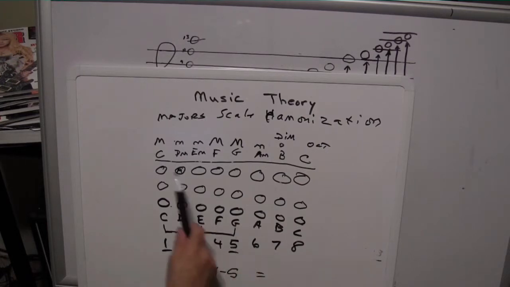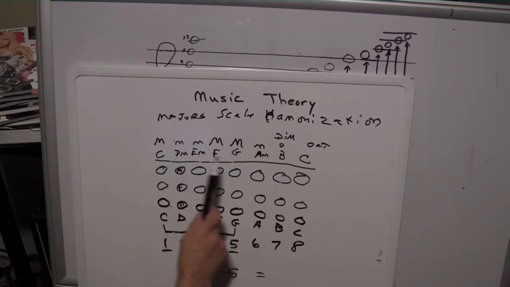In other words, they take the 1, which is a C, the 4, which is an F, and the 5, which is a G. So 1-4-5. We'll get back to the importance of numbers in the major scale, in numbering them. So that's a good place to start. A 1, a 4, and a 5.